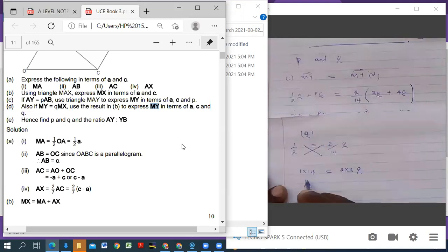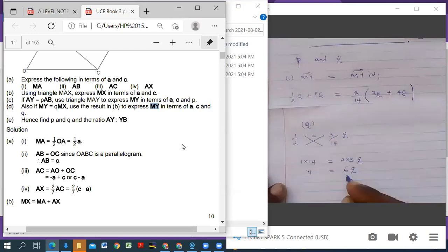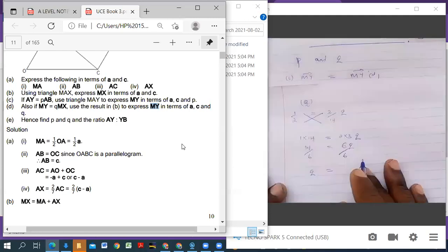So 14 is equal to 6Q. If you divide both sides by 6, we get Q as 7 out of 3.